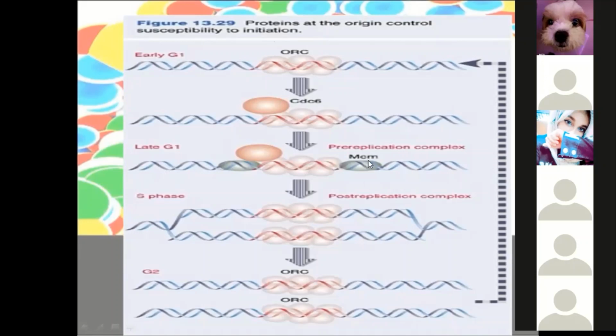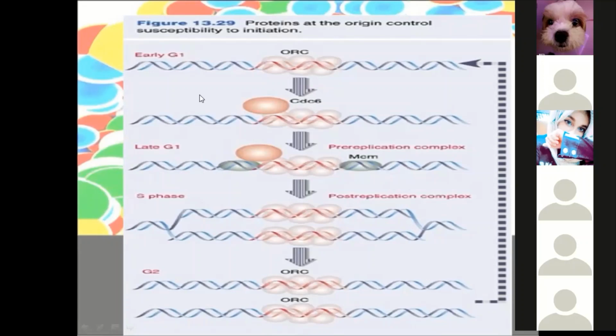Then it allows the minichromosome maintenance proteins to bind here as well. After that the cell enters S phase, because here it is getting ready for replication. In the post-replication complex, these proteins are removed from here, and then DNA replication takes place.